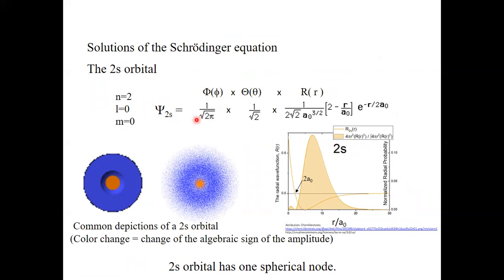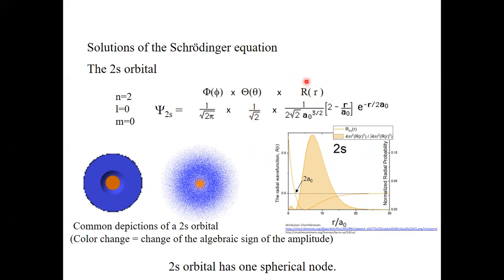So you see again that the angular parts of the wave function are simple coefficients. By the way, this is the reason why s orbitals are spherical orbitals. So there are no angular components to that orbital. Thus, all s orbitals are actually spherical.